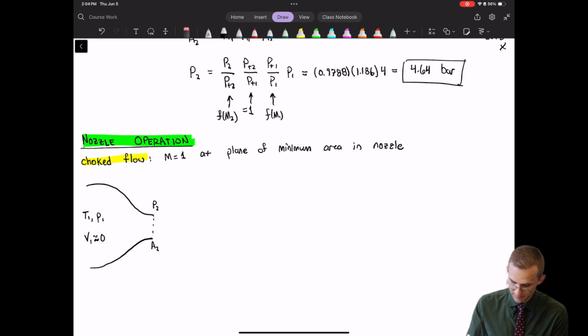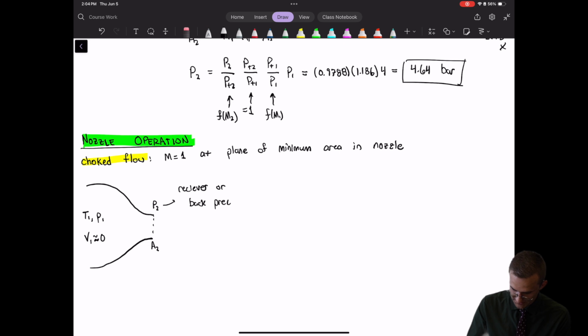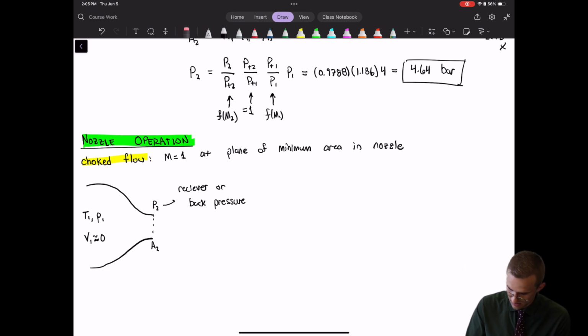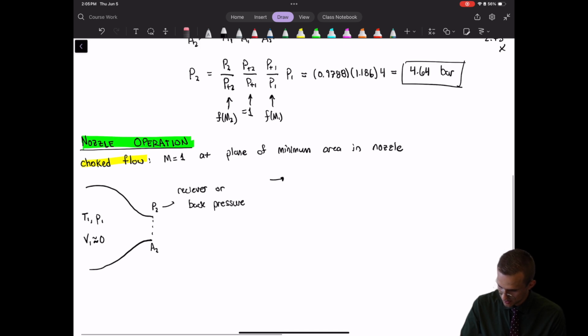P2 is what is called the receiver or back pressure. You'll see it called both of those things fairly often. So we have this large stagnant supply tank.